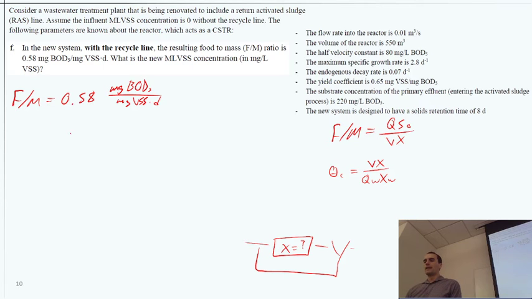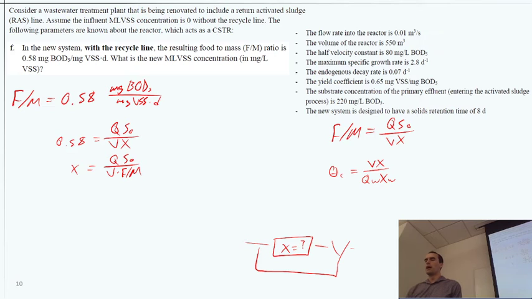So we can say 0.58 is equal to, we will go ahead and use the F to M ratio here because we can solve for X in this manner. That's going to be Q S naught divided by the X, and we can rearrange and solve for X. So X is going to be Q S naught divided by V times that food to mass ratio.